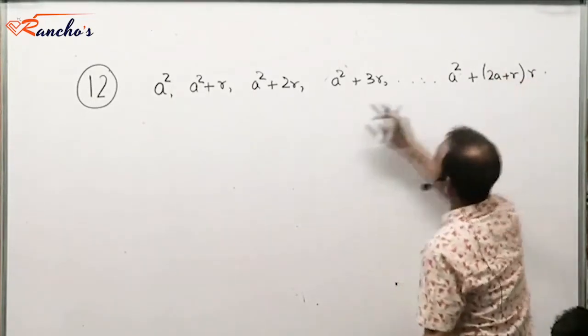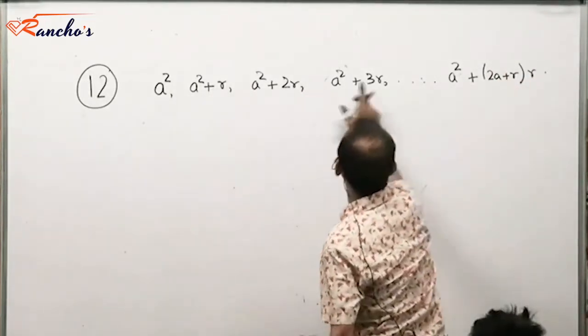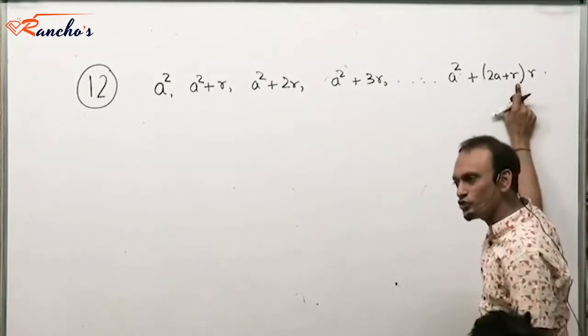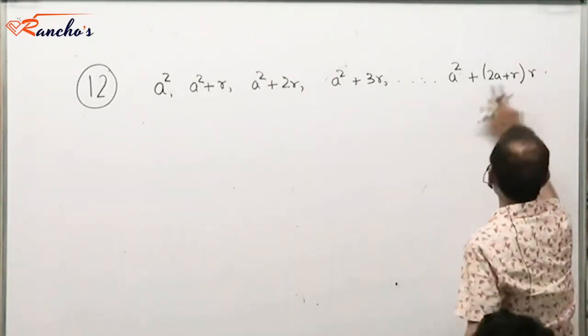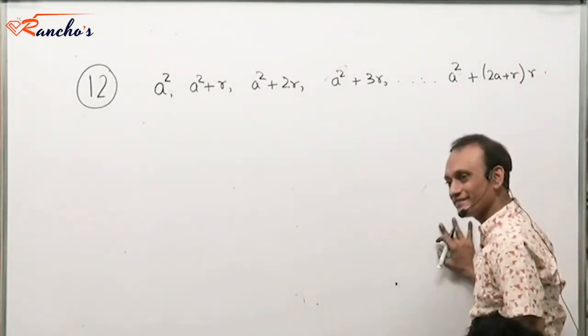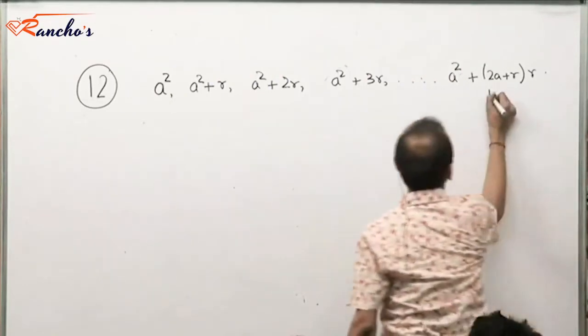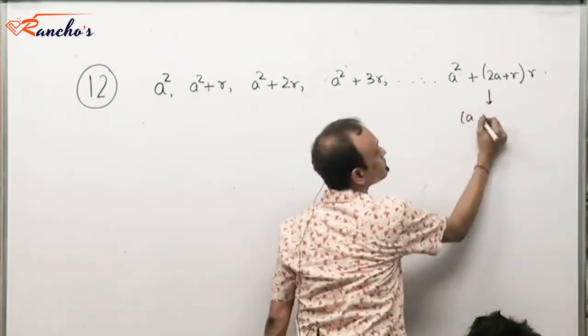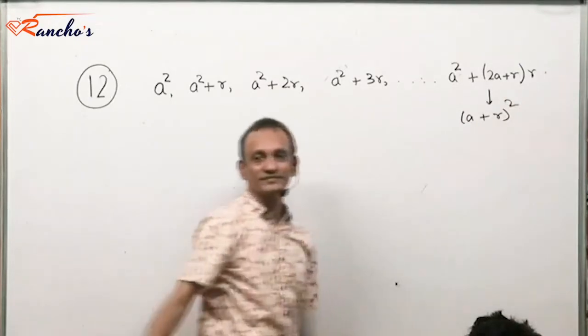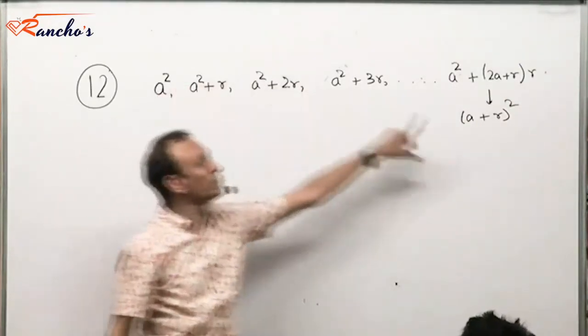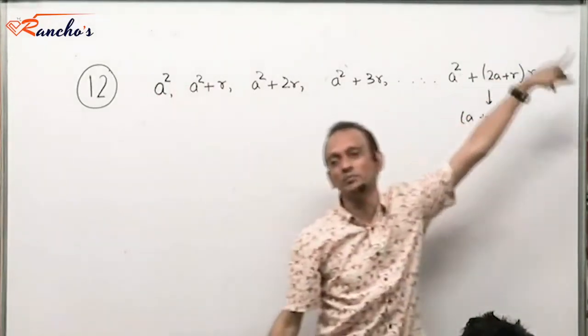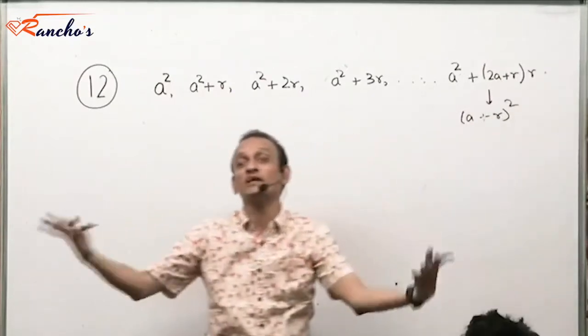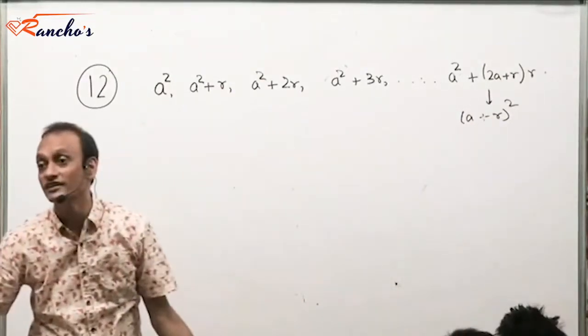See, in this sequence of numbers 1, 2, 3, 2a plus r will also feature. So a number of this kind will also appear here, and this is like a plus r whole squared, which is another perfect square. So if there is one perfect square, there would be another perfect square, and then another, and the number of perfect squares is going to be infinite.